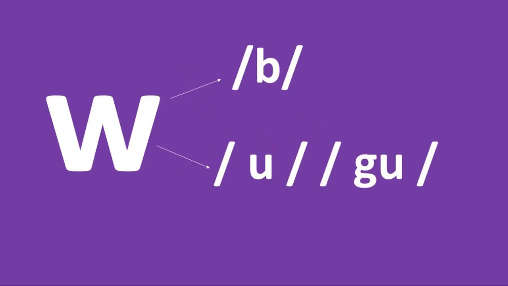The letter W in Spanish is pronounced in two manners. It sounds like B in certain proper names of Visigothic origin and in words of German origin or derived from German proper names.